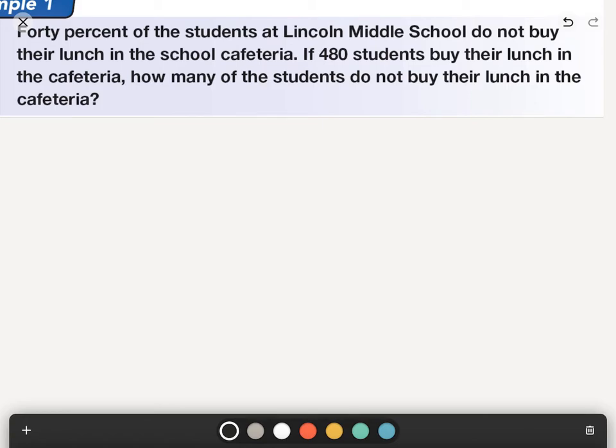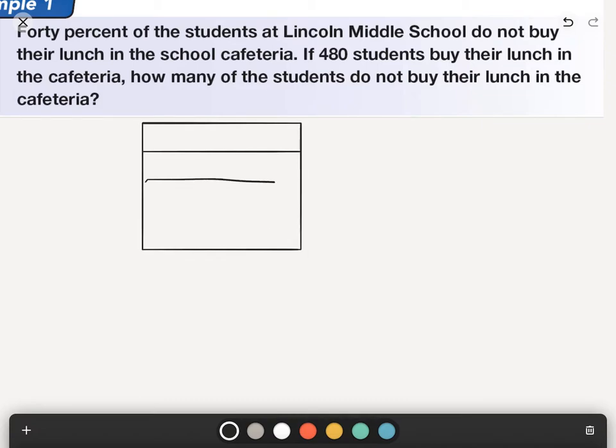So 40% of the students at Lincoln Middle School do not buy their lunch in the school cafeteria. If 480 students buy their lunch in the cafeteria, how many of the students do not buy their lunch in the cafeteria? You might look at that and think it seems overwhelming. But we can set it up using a percent box, much like a ratio box, as a great starting point for solving the problem.